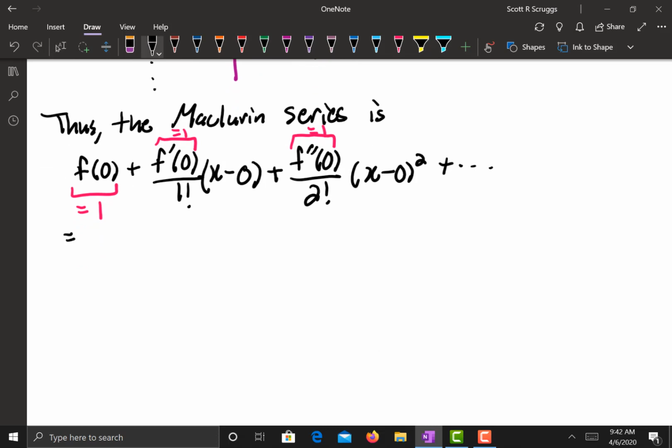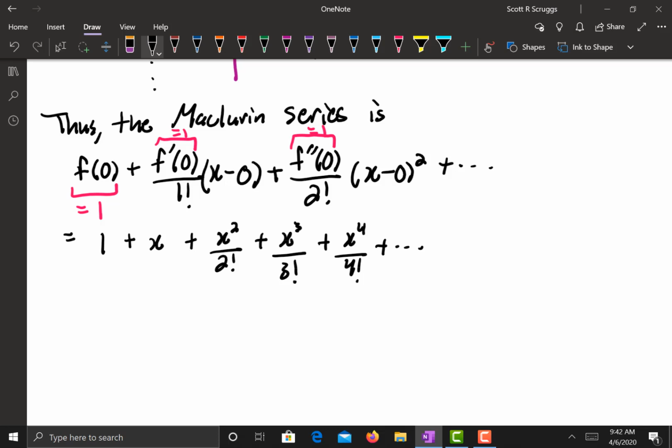So now I have 1 plus x squared over 2 factorial, and then if I kept going, I'll have x cubed over 3 factorial, x to the 4th over 4 factorial, and so on.